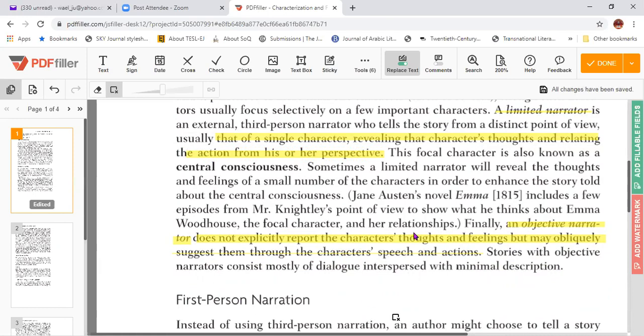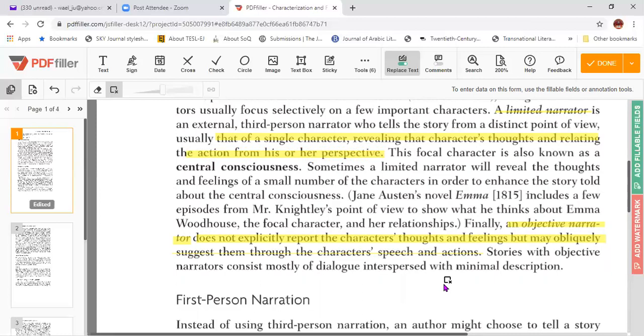What that means is that this kind of narrator, the objective, does not talk about the character's feelings and emotions and actions. He simply portrays or shows them through their speeches and their actions. So we find characters speaking, and through this action we can know about these characters.